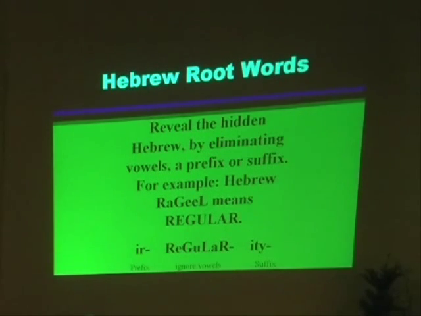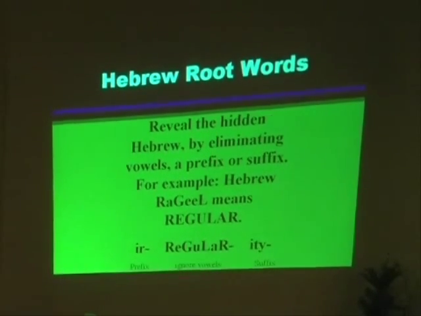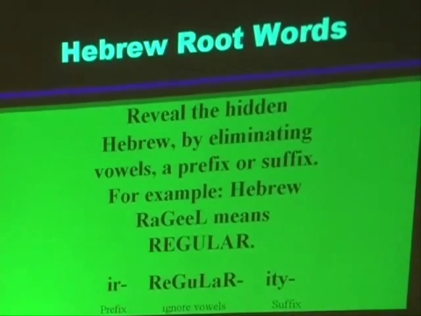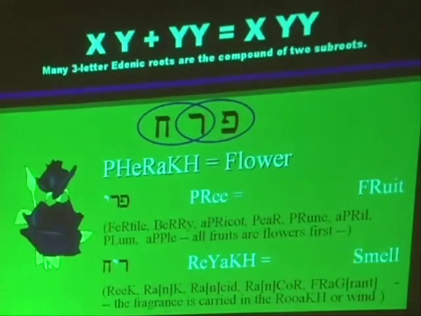You will find all kinds of words that may or may not have similarities because they either sound the same or because the root is found in these languages. Look at the word regular in English. Regular, ragil. To be regular, to be ragil. It's the exact same root. Regularity.